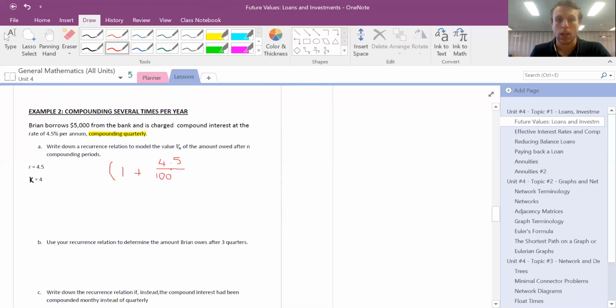But if I only did that, that would give me a common ratio for a year. And we don't want it at a year. We want to break that down to compounding. So I'm also going to divide it by the 4. Since it's on the bottom, it's actually going to multiply with that 100. So we can do 4.5 divided by 400. And we can plus our 1 onto that to give us 1.01125.